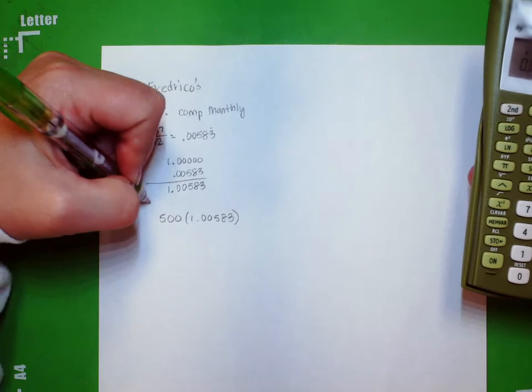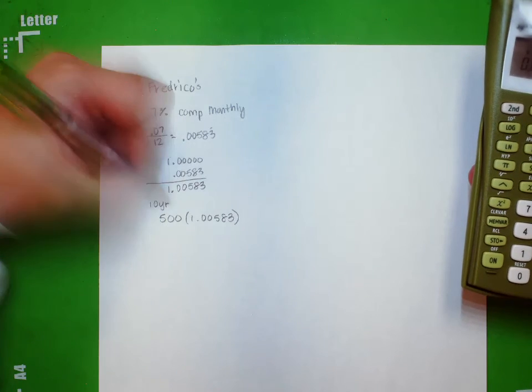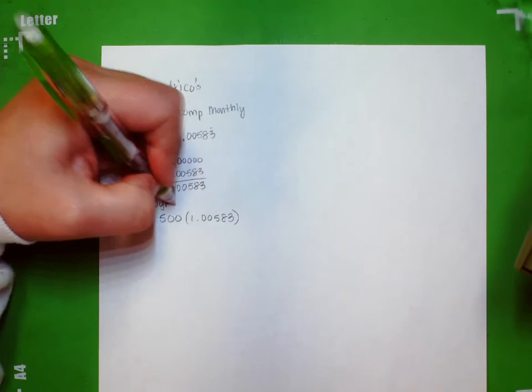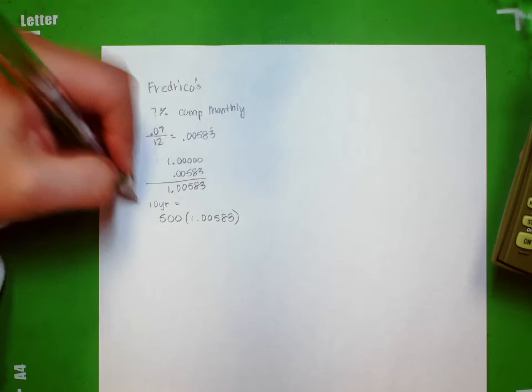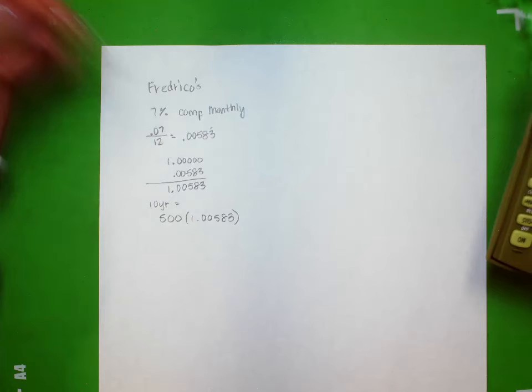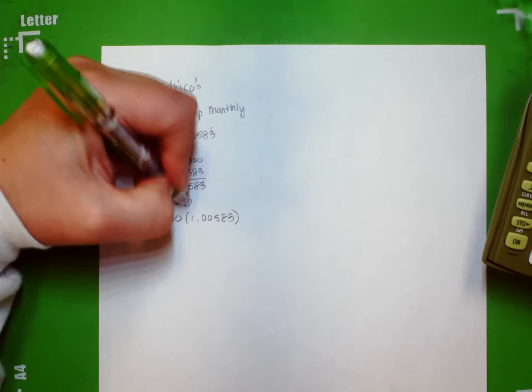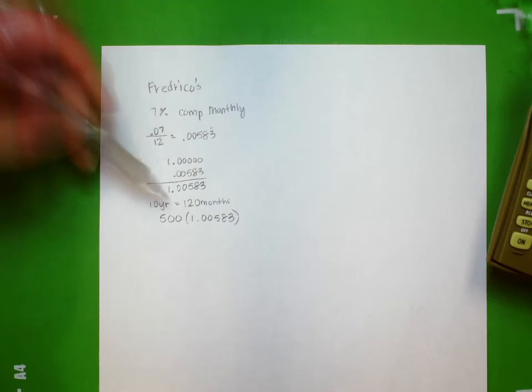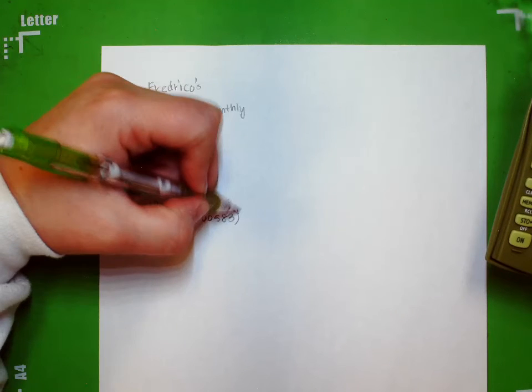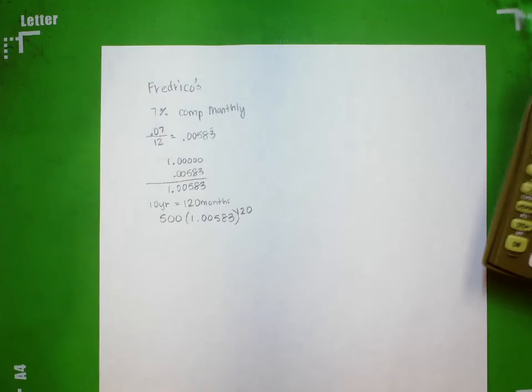We want to know months. 10 years equals how many months? 10 times 12 months per year, and we get 120 months. So our x value, our input, is 120.